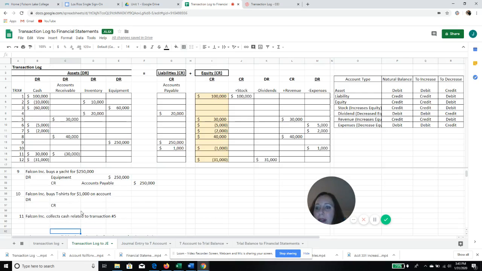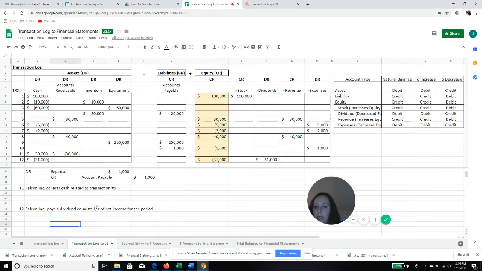Transaction number 10, we purchased t-shirts for $1,000 on account. So we increased our expenses by $1,000, and we increase expenses with a debit. Just put expense here. You could call it t-shirt expense or some sort of employee expense. We also increased accounts payable by 1,000. We increase liabilities with a credit. So we are going to credit accounts payable.